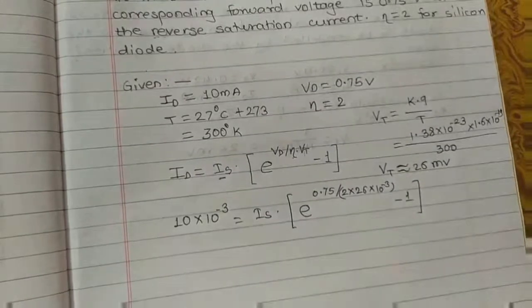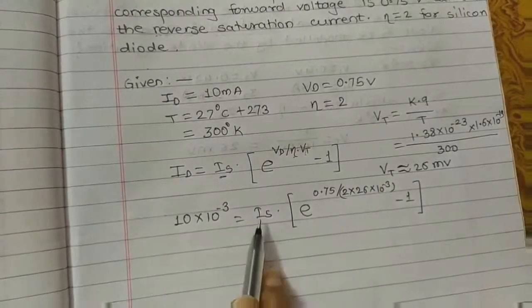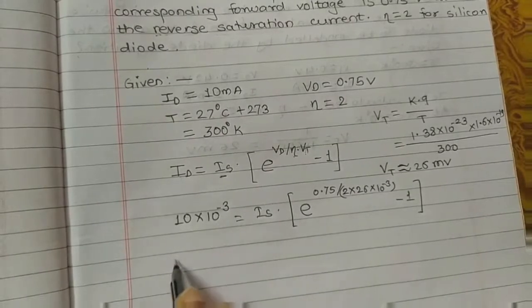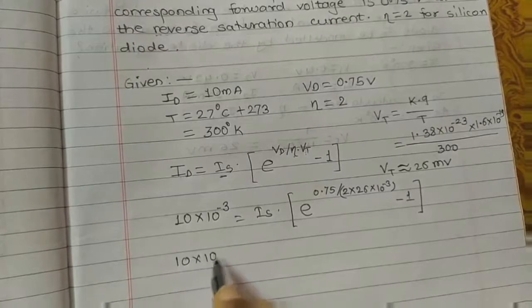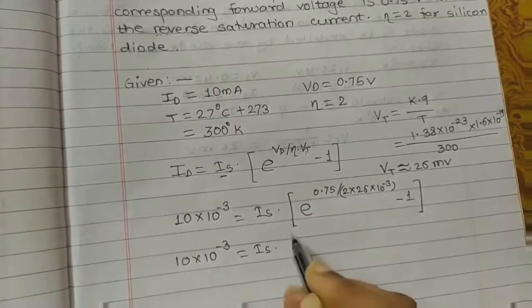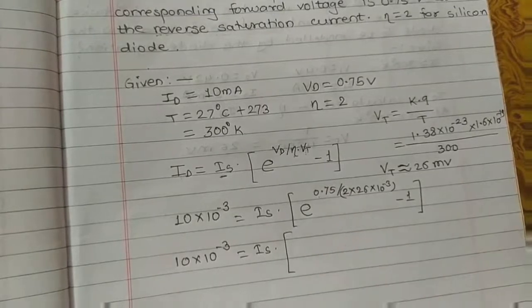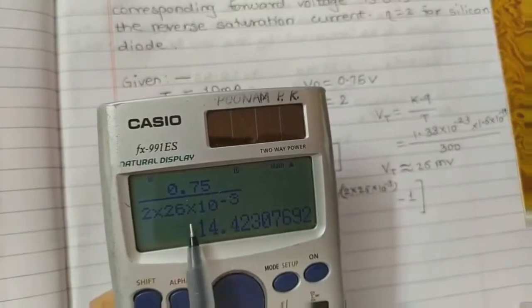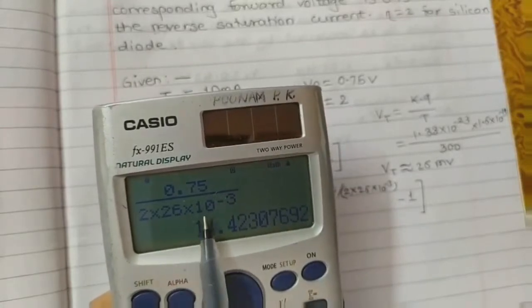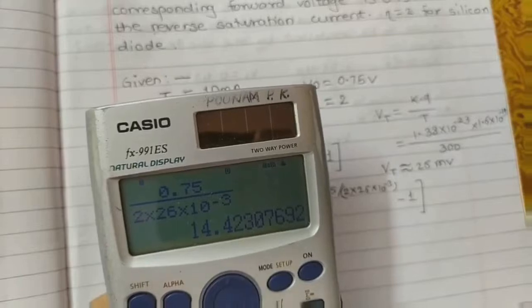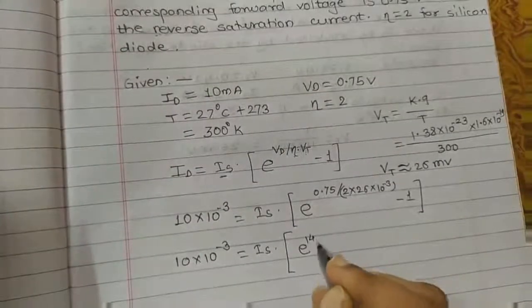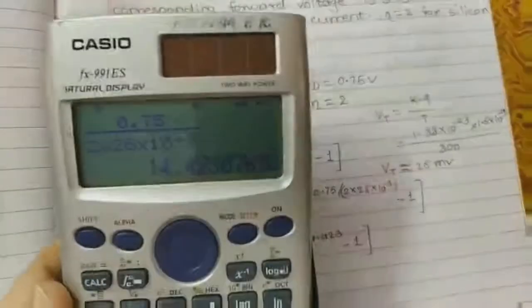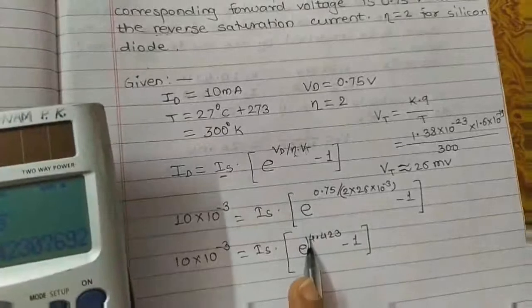So we can solve this and find out the value of IS. We solve this on a calculator and get 0.75 divided by 2 into 26 millivolt is equal to 14.423. So e raised to 14.423, minus 1.